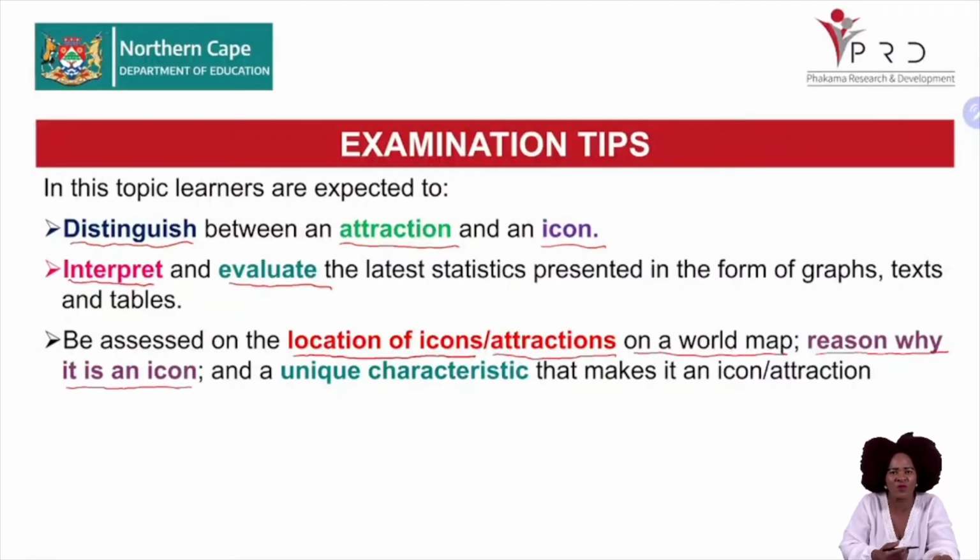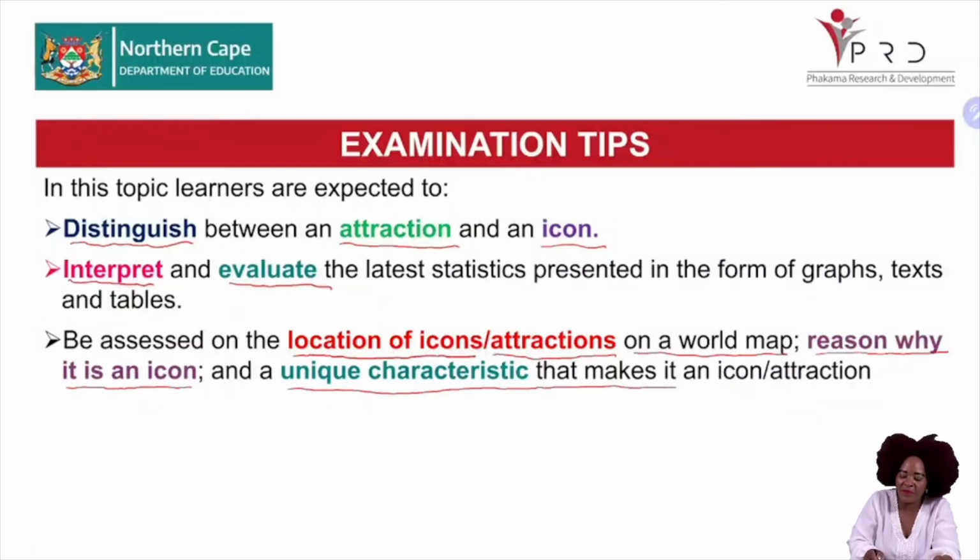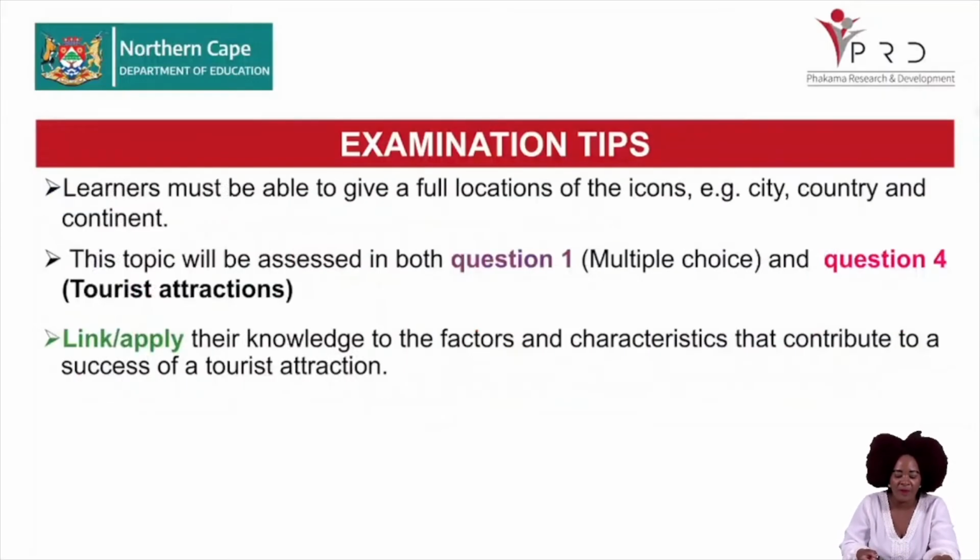Why was it declared an icon? You must also know the unique characteristics that make it an icon or an attraction. In whatever material you were using, maybe you've seen that you have a description of each of these icons. So you need to know all that information.